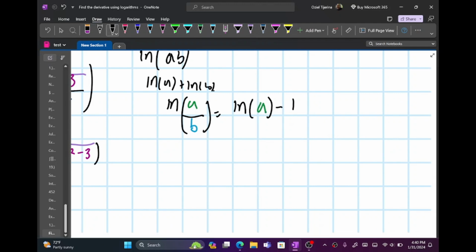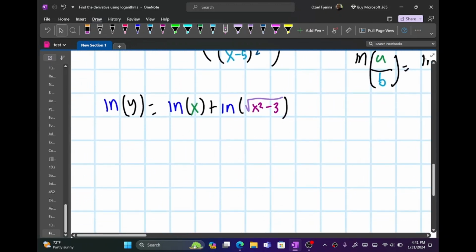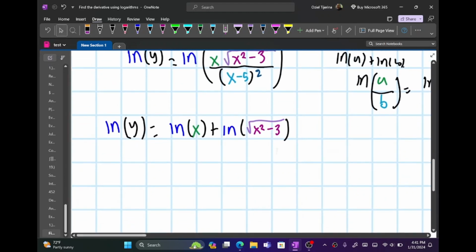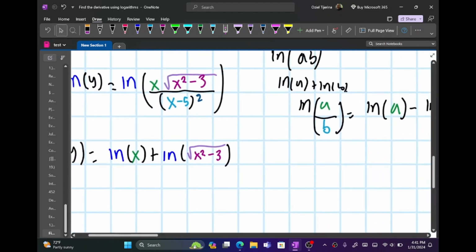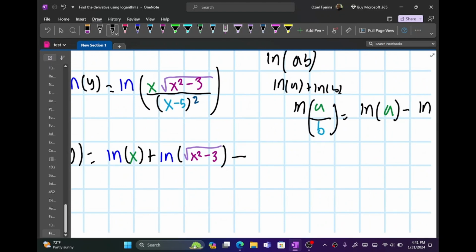If y'all are not good at this, I'm just showing y'all the steps first of how to do it, and then we're going to differentiate. So since we have it over x minus 5 squared, we're going to put minus, because it's ln of a plus ln of this, and then minus natural log of x minus 5 squared.